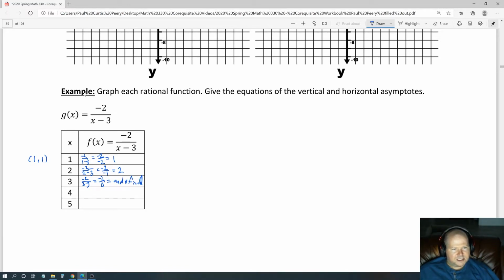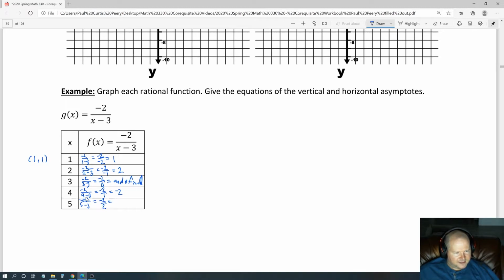Then we do a 3, and this is not going to work very well because we say 3 minus 3, which means we divide by 0, which means this is undefined. So since that's undefined, we've detected something there. Okay, so the next one is a 4. So it's going to be negative 2 over 4 minus 3, which is a 1. Negative 2 divided by positive 1 is negative 2. And then we have a 5. Negative 2 over 5 minus 3. 5 minus 3 is positive 2.